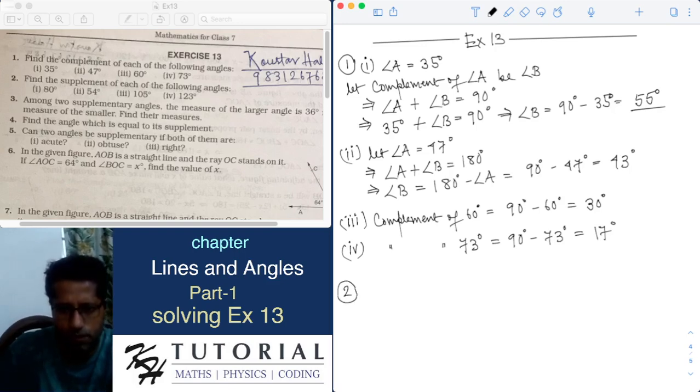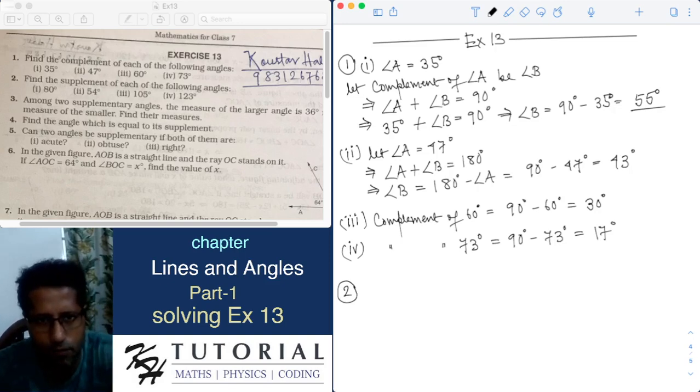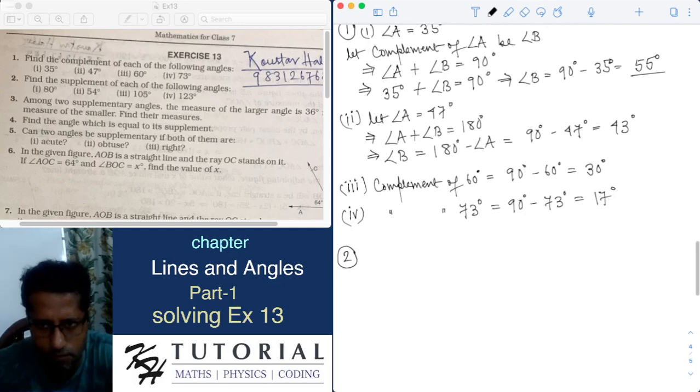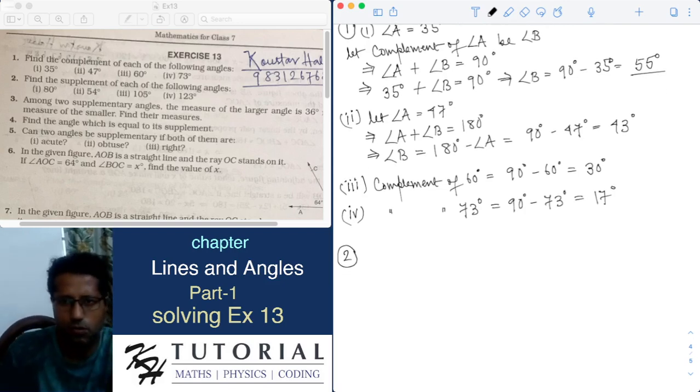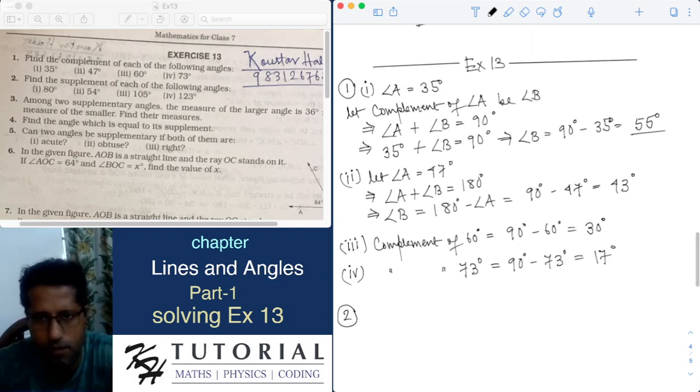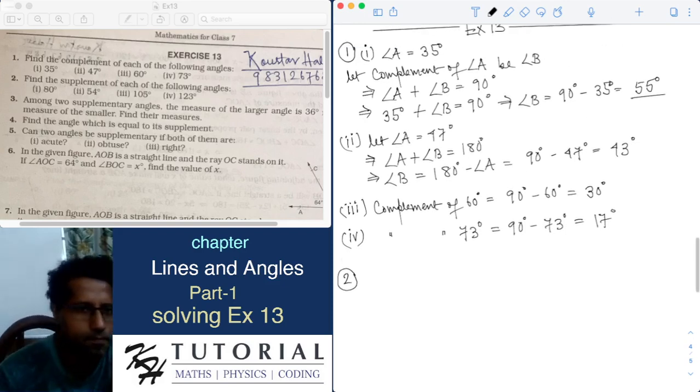Problem number 2 is asking to find the supplement of each of the following angles. I'm writing the solution in a compact form, not in detail as I did for problem number 1, part 1.